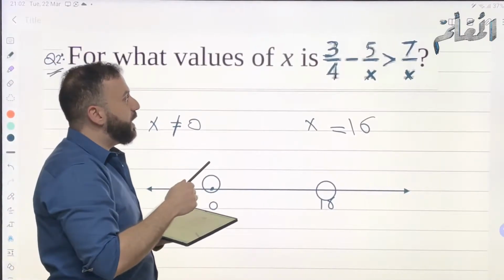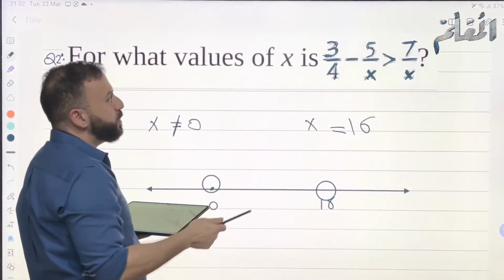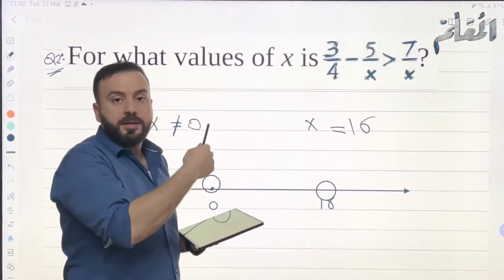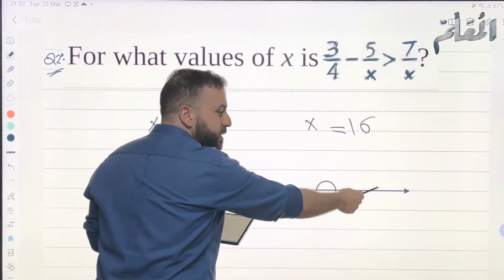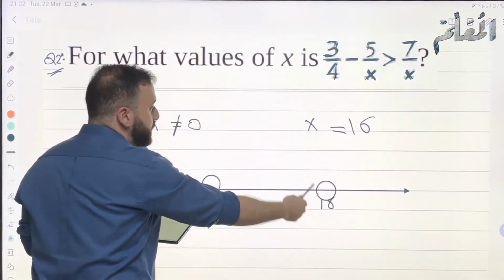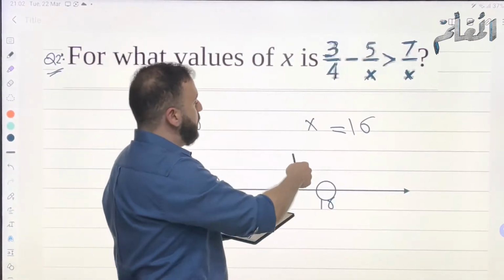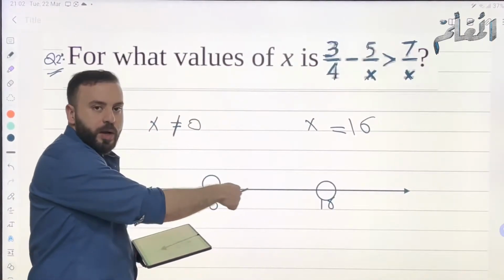After that, I need to put test numbers which make the inequality. I need to put a number after 16, a number between 0 and 16, and a number before 0. Let's choose one between 0 and 16.